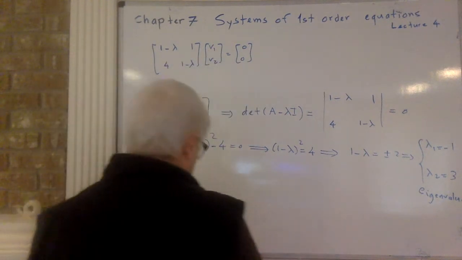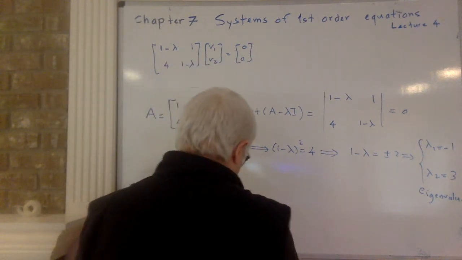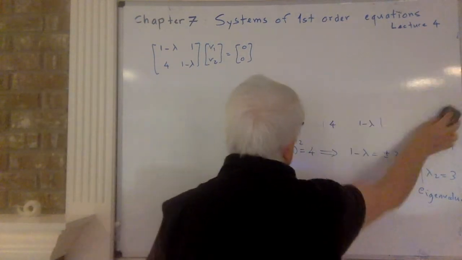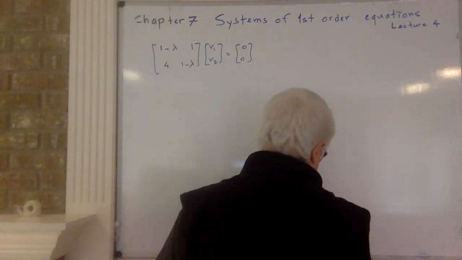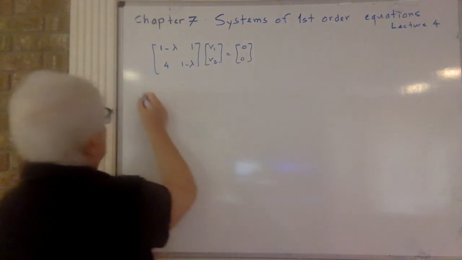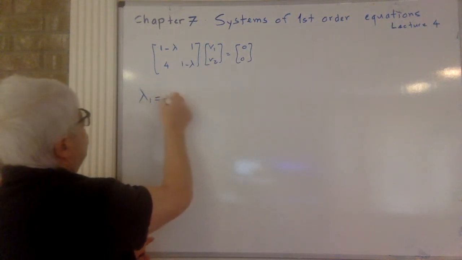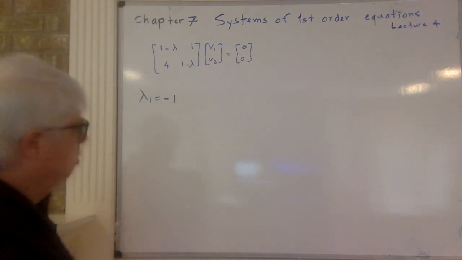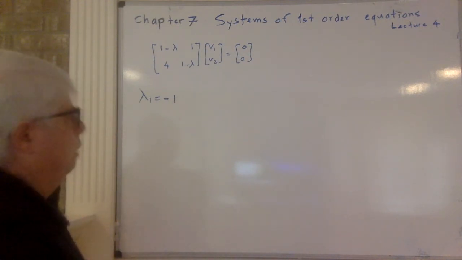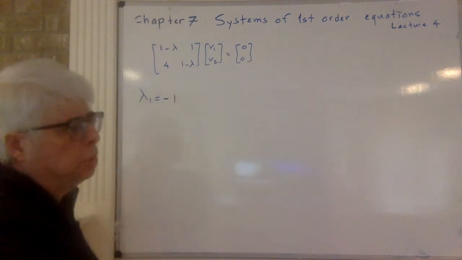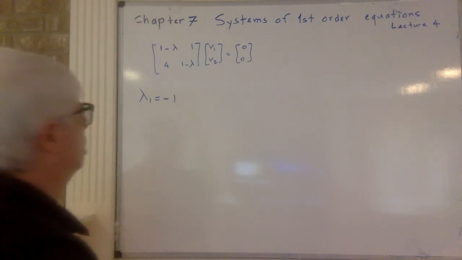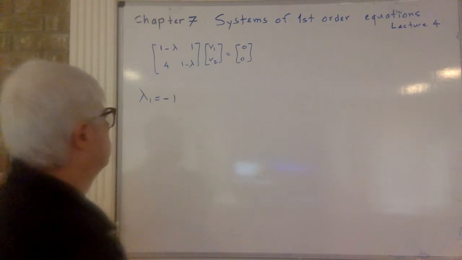So for lambda 1, let me erase this and do each one separately. So lambda 1 is negative 1, and I just need one row. Remember I told you, in fact, when you set the determinant to be 0, you are forcing the two rows to be linearly dependent. So I don't need the second row.